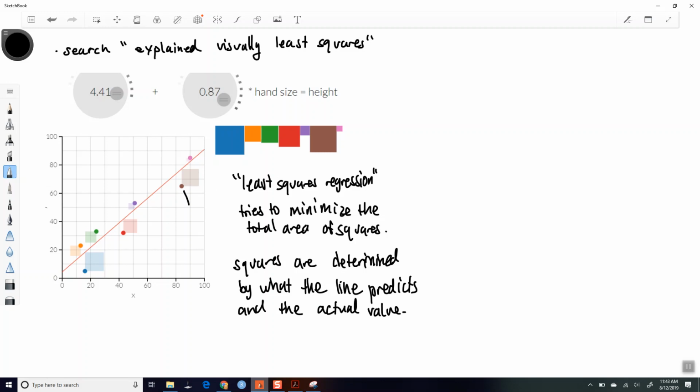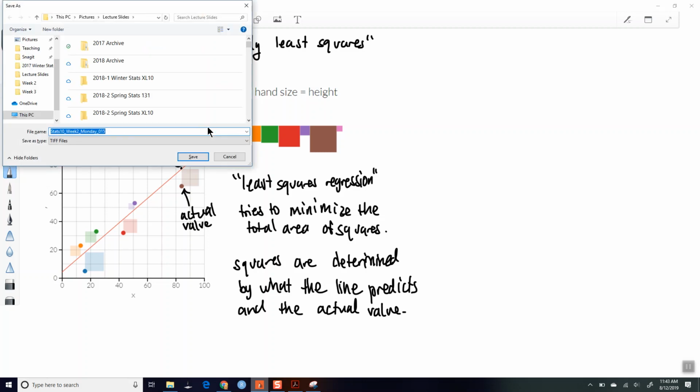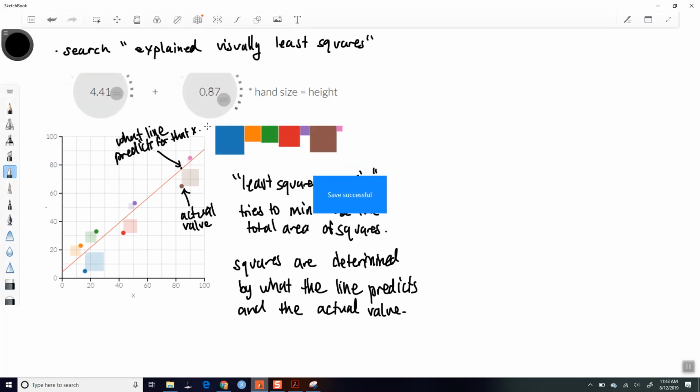So here's the actual value, and this right here is what the line predicts for that x. This is if you're interested in how it works. If you're not, you can skip over this, but I wanted to throw that in there.